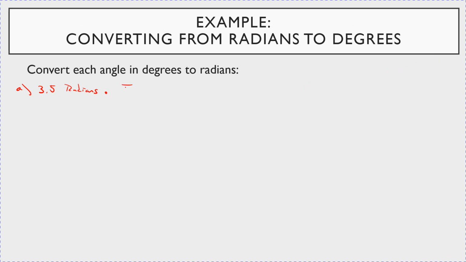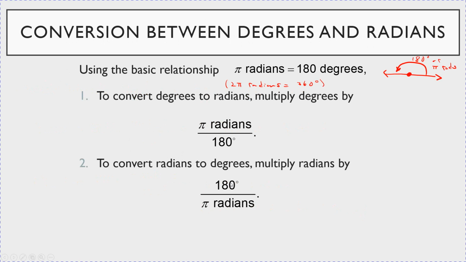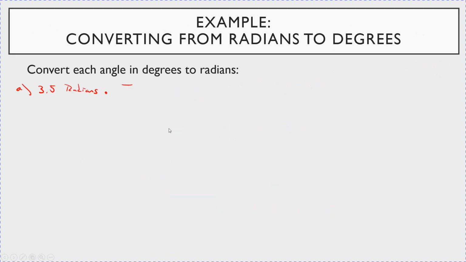So you're going to multiply, going back, 180 divided by pi radians. Well, look what cancels, right? Radians, radians. And so you're left with 3.5 times 180 divided by pi degrees.